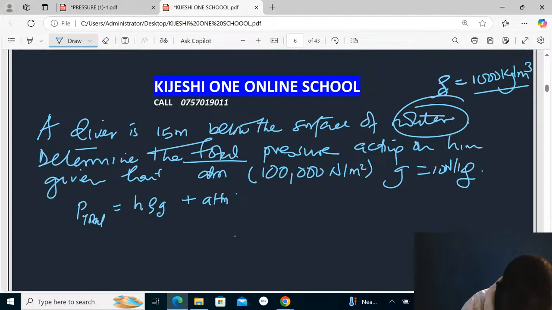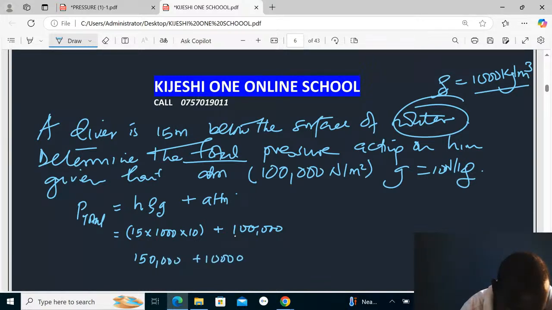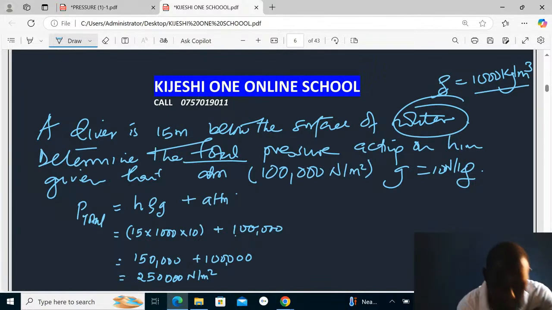Therefore, we can say the pressure due to water is 15 meters times 1,000 times 10. Then this one you need to add 100,000. This becomes 150,000 plus 100,000. And this is a total of 250,000 Newton per meter squared.